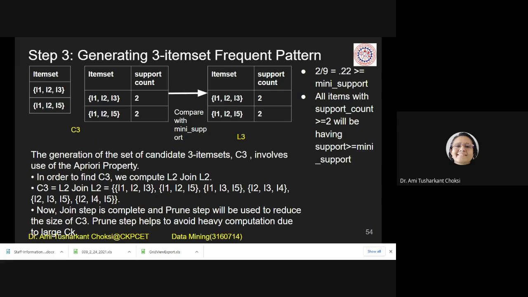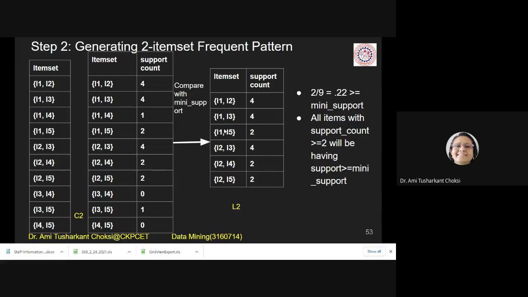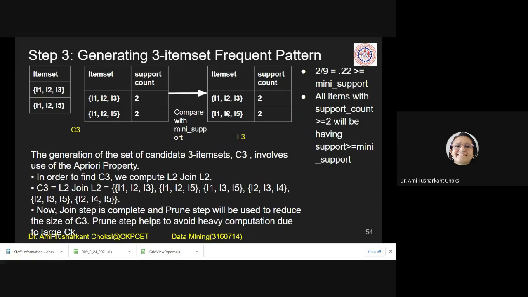Now we will generate the three item frequent patterns. From L2 we combine to get three item sets, so we can say I1, I2, I3 and I1, I2, I5.